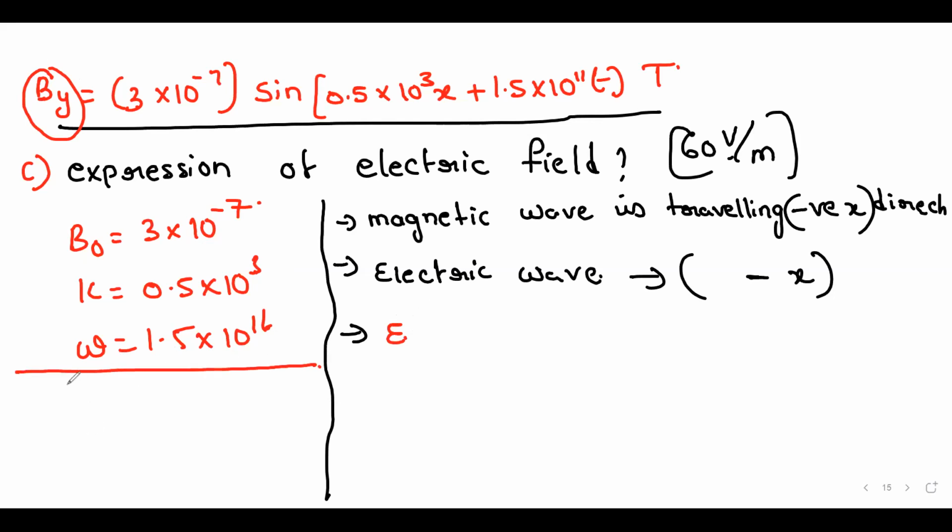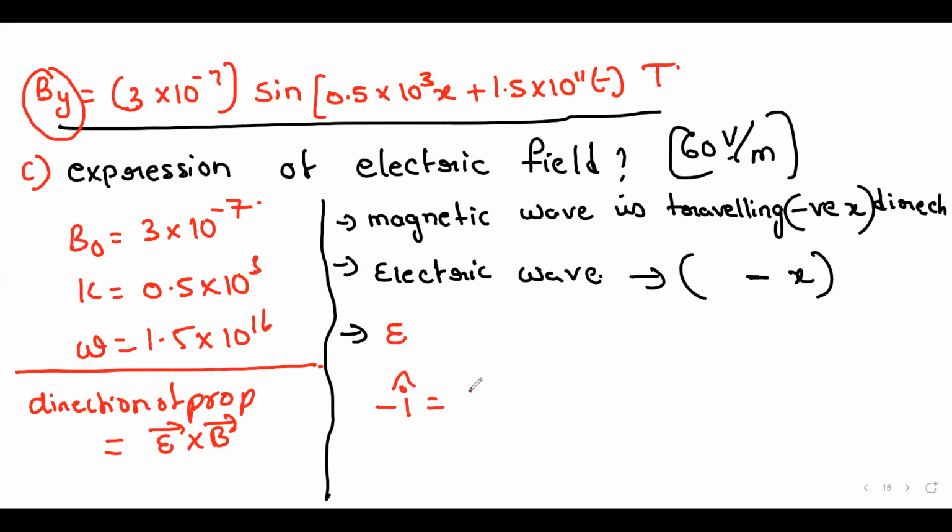See, look here, the direction of propagation of the wave is given by E cross B, right? So in our question, what is the direction of propagation of the wave? Negative x direction. Very good. That means minus i.